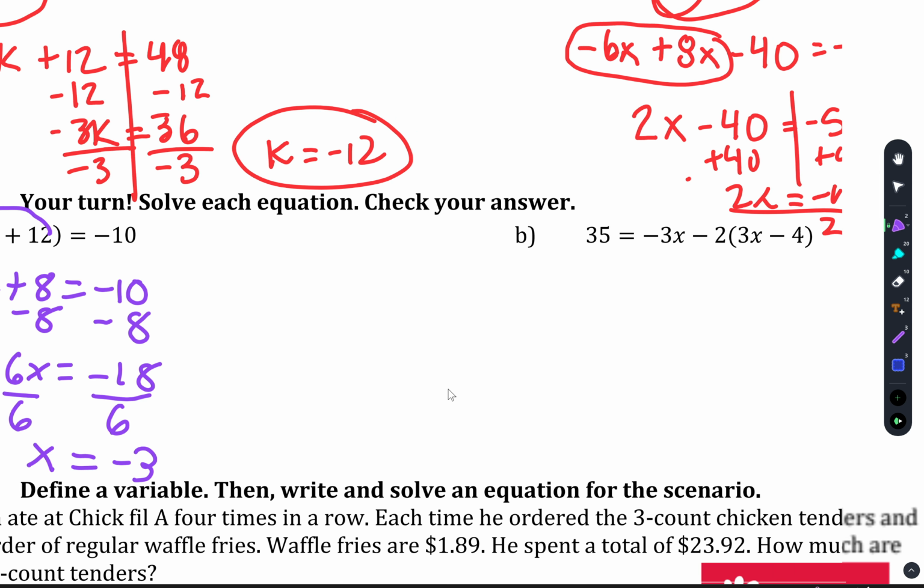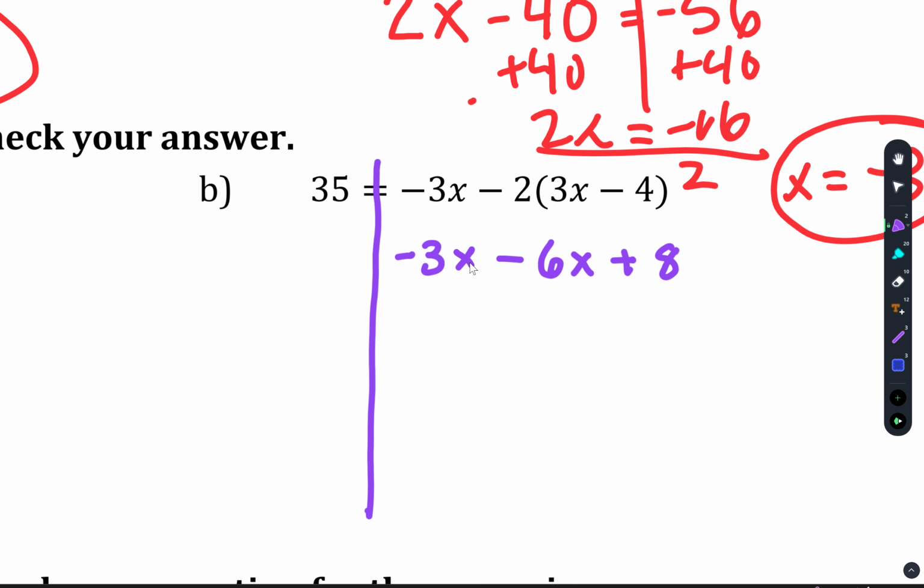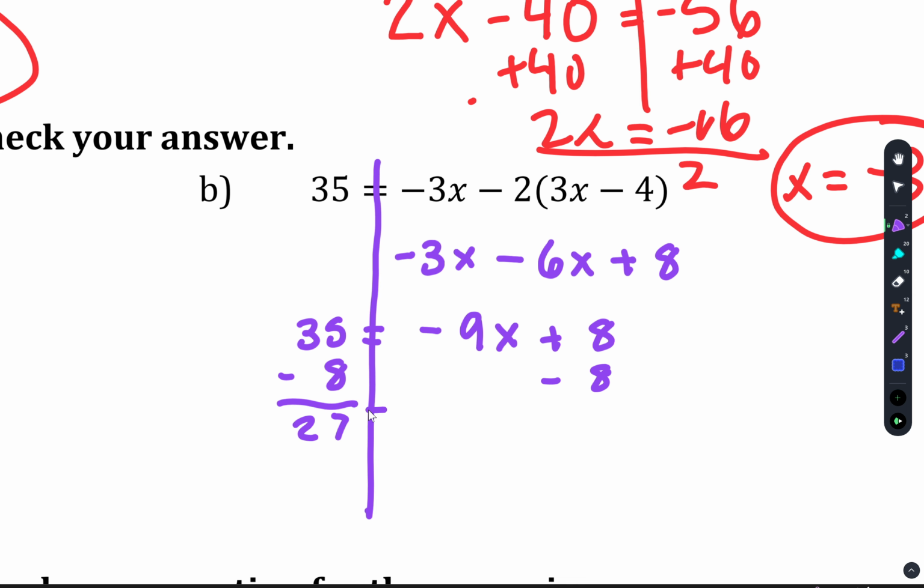I'll make an extra one. Only if it's, perfect.